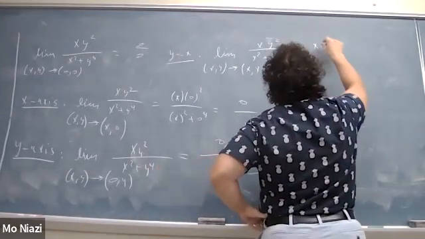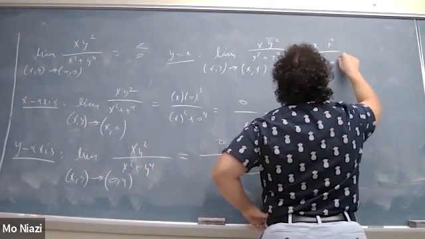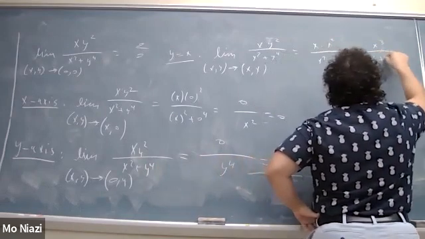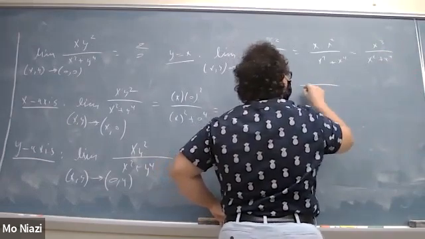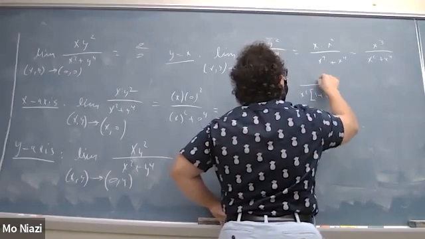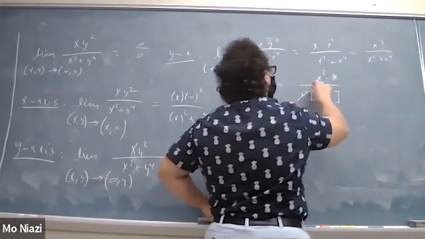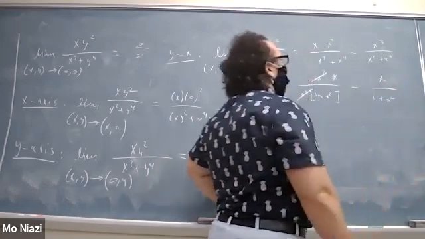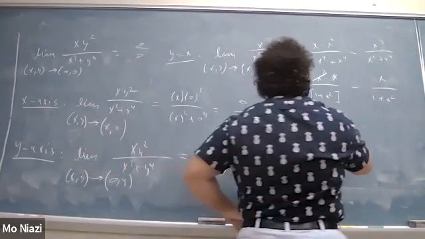So then this becomes x times x squared over x squared plus x to the 4th, x cubed over x squared plus x to the 4th. So what if I factor out x squared out of the denominator? It becomes this. I can cancel these out. I get x over 1 plus x squared. Okay, so what if I take the limit of that?